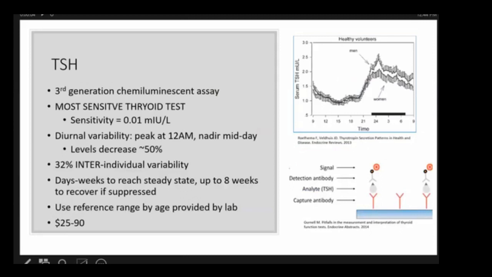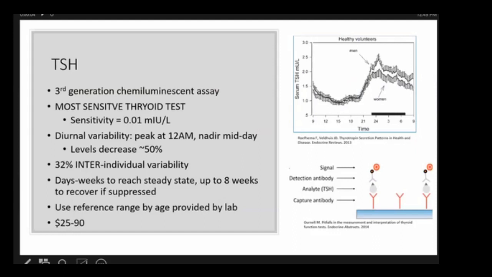There is a 32% inter-individual variability, which means that checking a TSH in a person one day to the next can have a 32% difference in value. This is not clinically significant, but it can be interpreted by patients as a significant change. It takes days to weeks for your TSH to reach steady state.